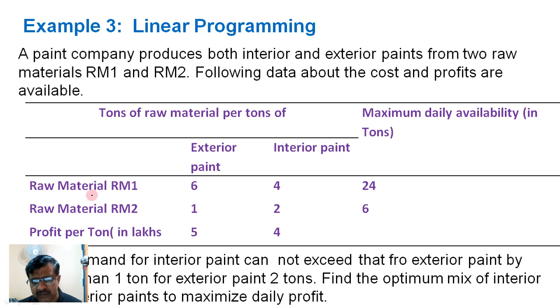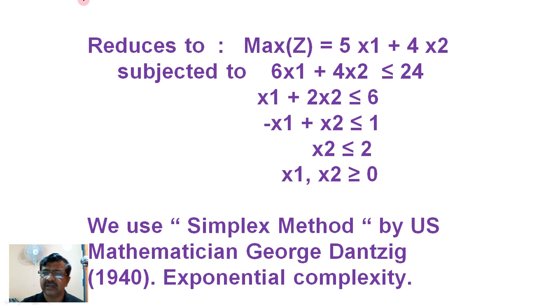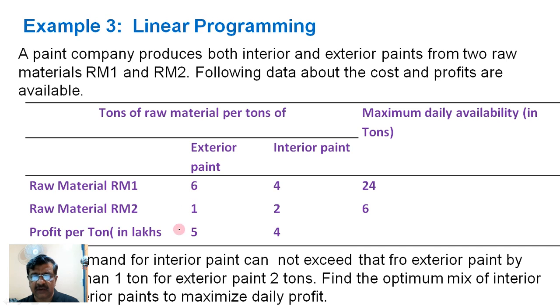Let us not go deeply into this particular problem, but it is very important to emphasize that this problem arrived in running sentences as a textual matter, and this can be converted into an equation. This is called the objective equation: 5 times x1 plus 4 times x2, where the profit per ton is 5 for x1 and 4 for x2, and we need to find the optimum mix of interior and exterior paints.